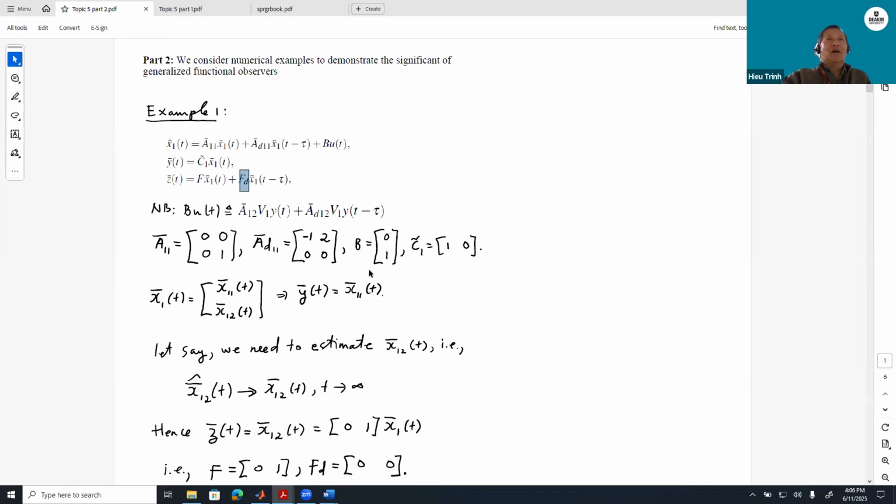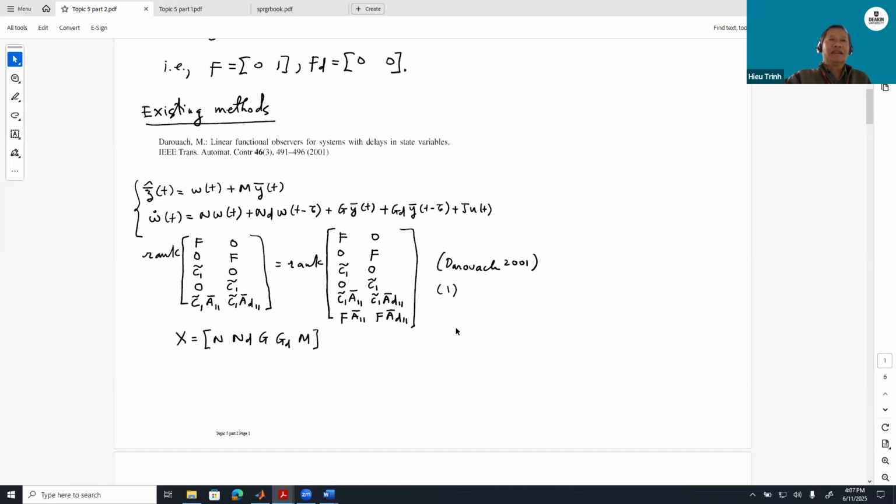That means that all the development in the previous state transformation approach can all be unified by just designing a generalized functional observer. Not only that, we're going to show that we can overcome some of the restrictions in previous work, where we can expand the dimension of the observer.